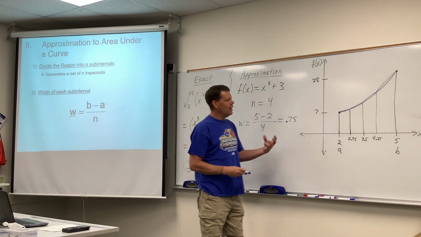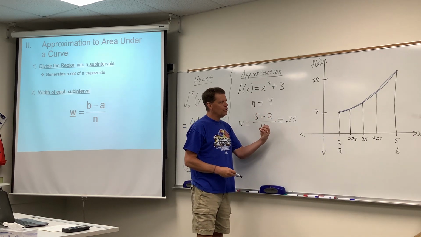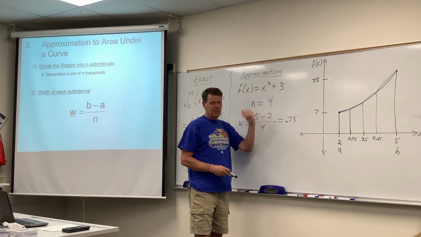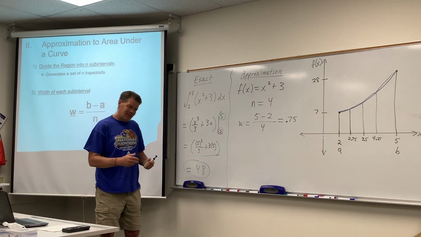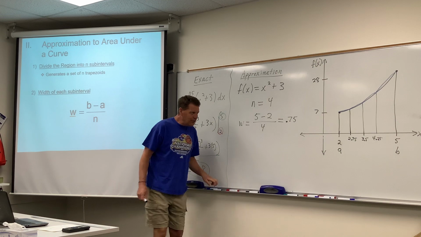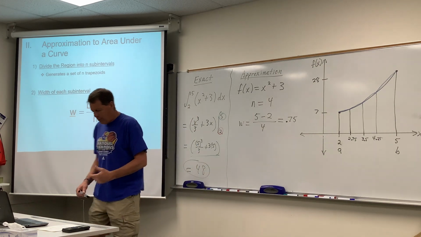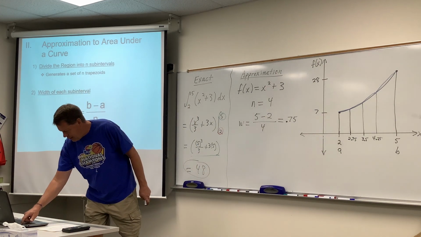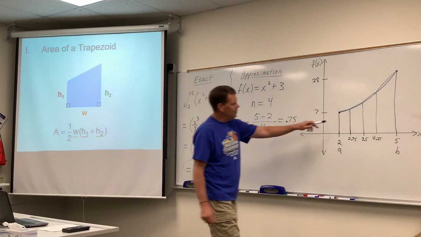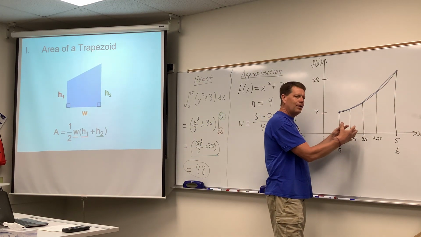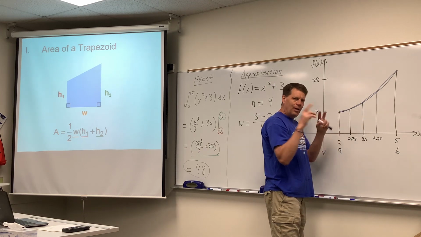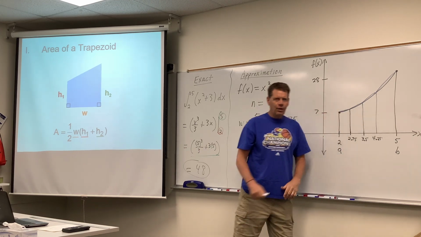This is why, if we add up the areas of those 4 trapezoids, it's going to be an approximation to the exact area that's under that curve. So that's the idea. So really all we do now is we apply that formula for the area of a trapezoid to each of these 4 trapezoids here. And if we add all those areas up, that should be pretty close, approximate, to the area under the curve.